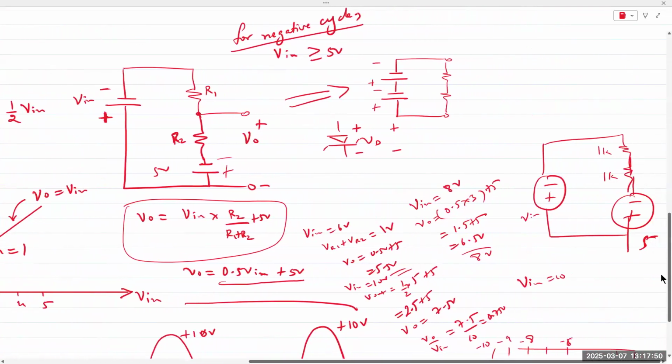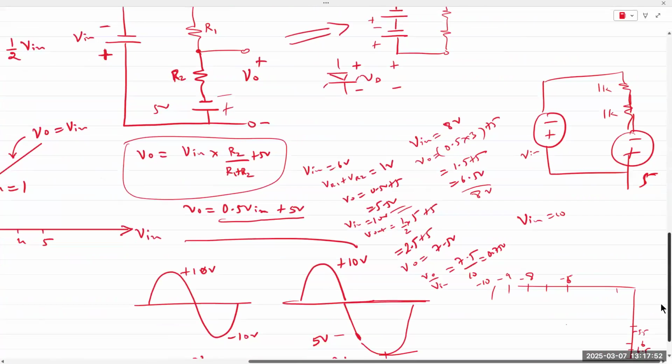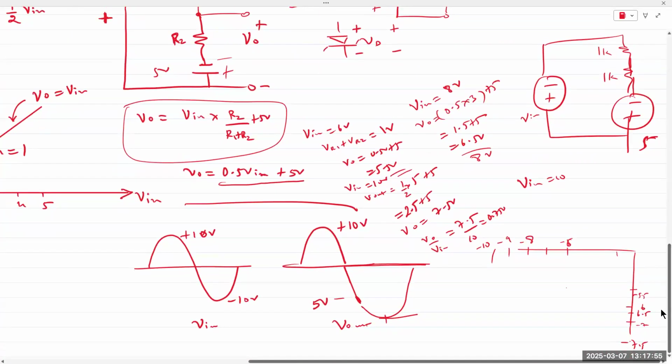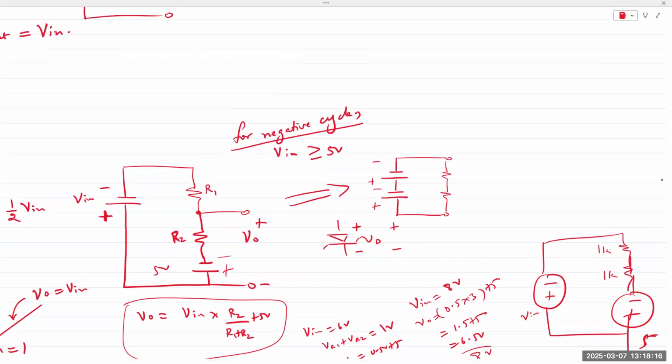So now it's applied in series, and let's say V in is 6 volts. So what is the total voltage being applied to R1 and R2? V in plus VZ, right? 11 volts.